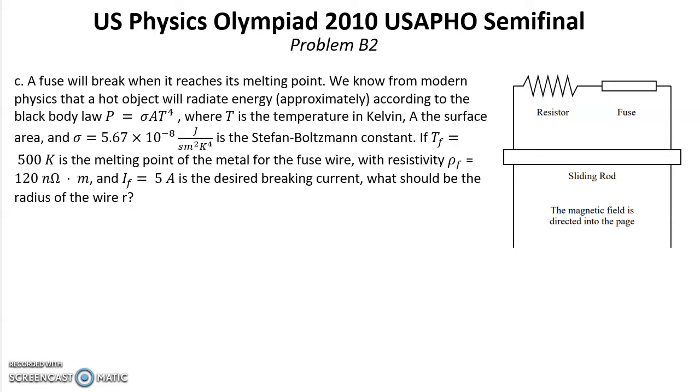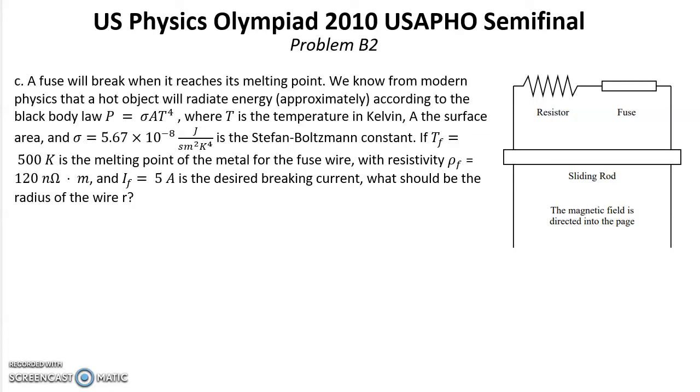If T fuse equals 500 kelvins is the melting point of the metal for the fuse wire with the resistivity rho equal to 120 nano-ohm meters, and I fuse equals 5 ampere is the desired breaking current, what should be the radius of the wire R?